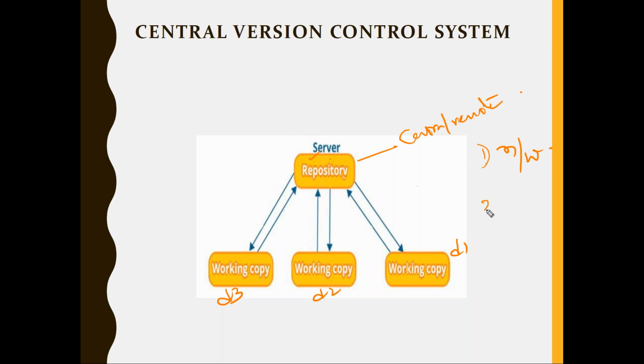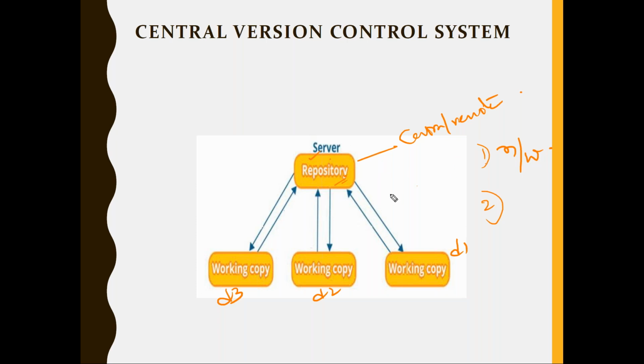So that's one problem. Another thing is it is like a single source of truth. All the project work, all the code base is kept here. For any reason, if the central server is lost or crashed, right, entire work is gone. Right? This is another drawback with this kind of architecture.